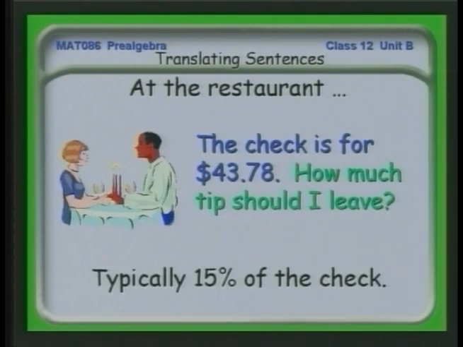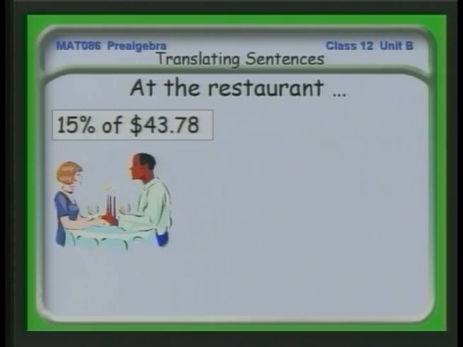And we all agree that for decent service, a typical tip would be 15%. Let's look at what is 15% of $43.78. Here's a good way to do it.